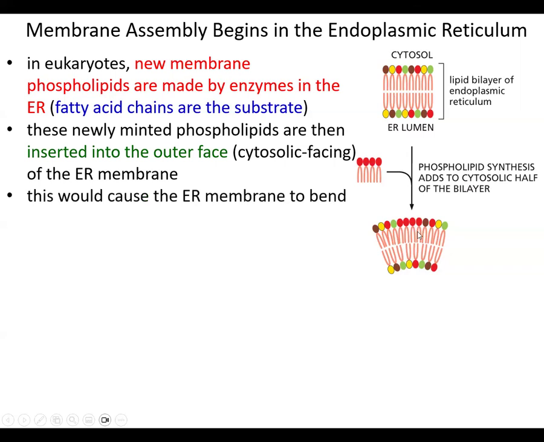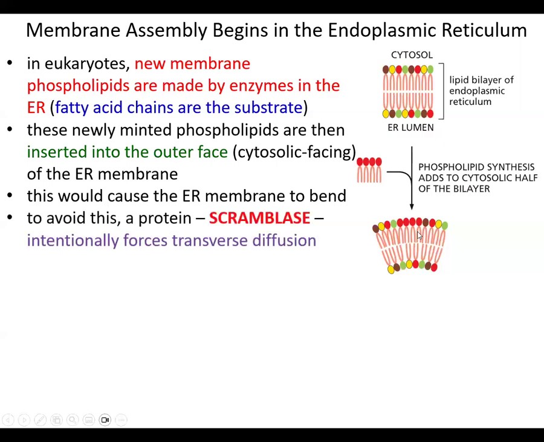The shape of the ER membrane begins to deform. It begins to bend because the outer leaf is bigger than the inner leaf. And that's not what the ER membrane should do. The ER membrane should remain relatively straight. So to avoid this, we have a protein that's essentially the opposite of flipase. Flipase moves phospholipids back to their original face.